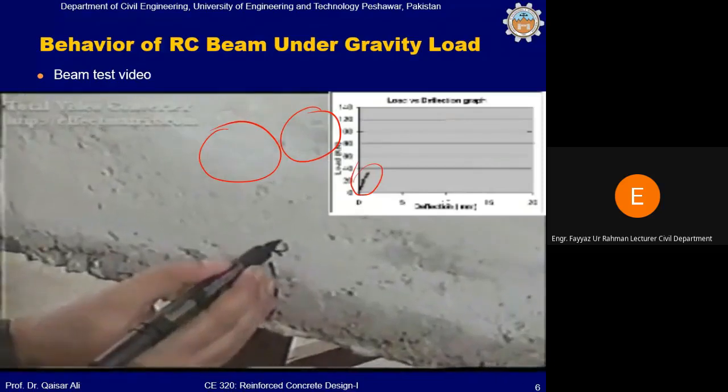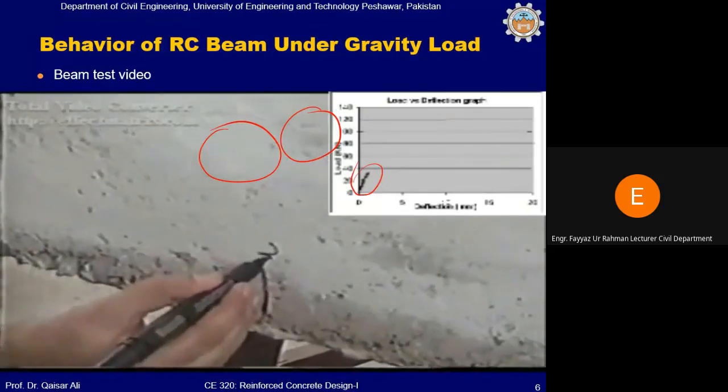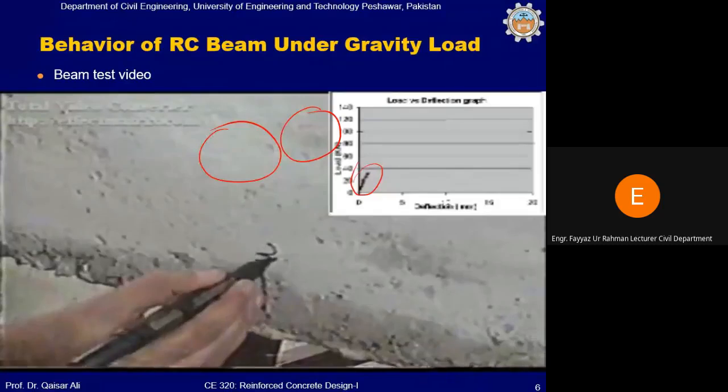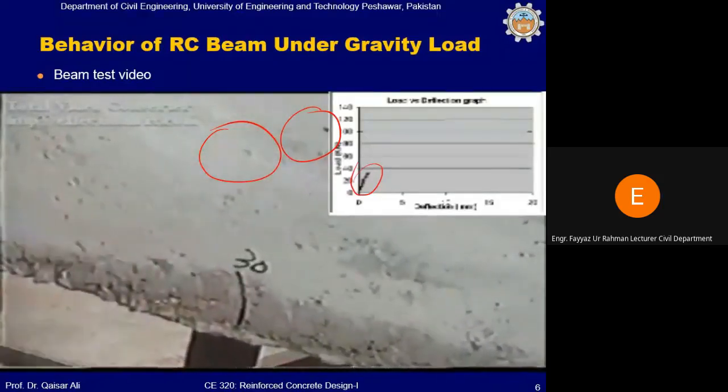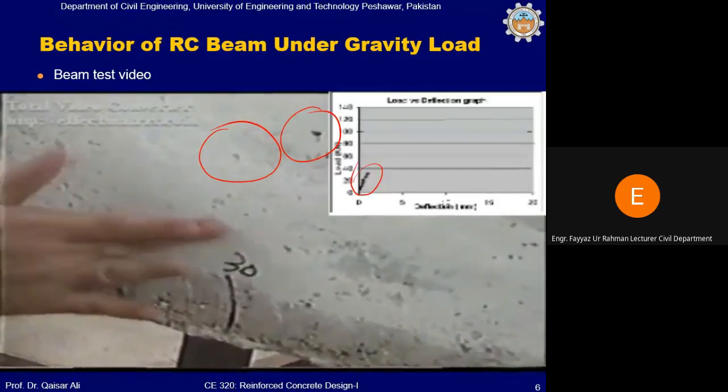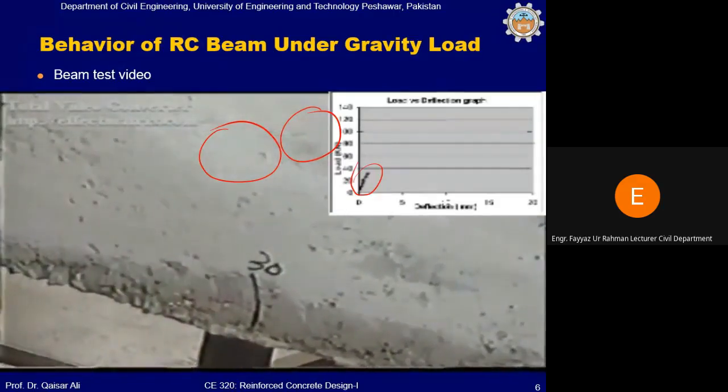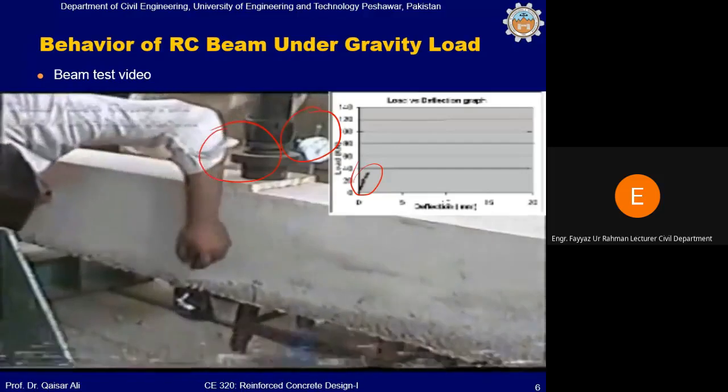This first crack, you can see, comes at a load of 30 kilonewton. The cracks and the corresponding loads are marked on the beam.